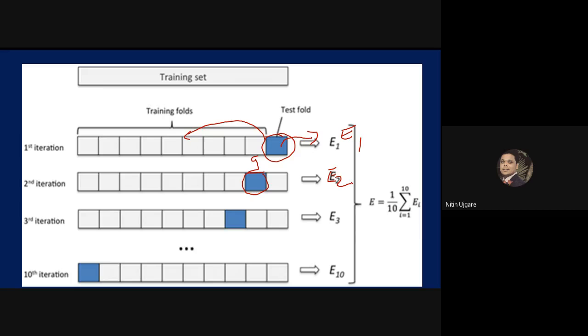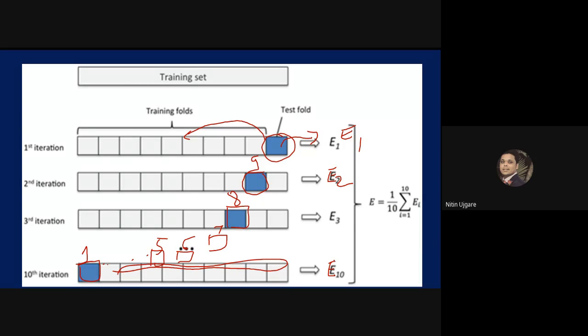In the third iteration we keep the 8th sample for testing, in the fourth iteration the 7th sample, then the 6th, then the 5th, and so on. In the 10th iteration we keep the first sample for testing, the model is built with the remaining 9 samples, and we calculate the error, represented by E10.